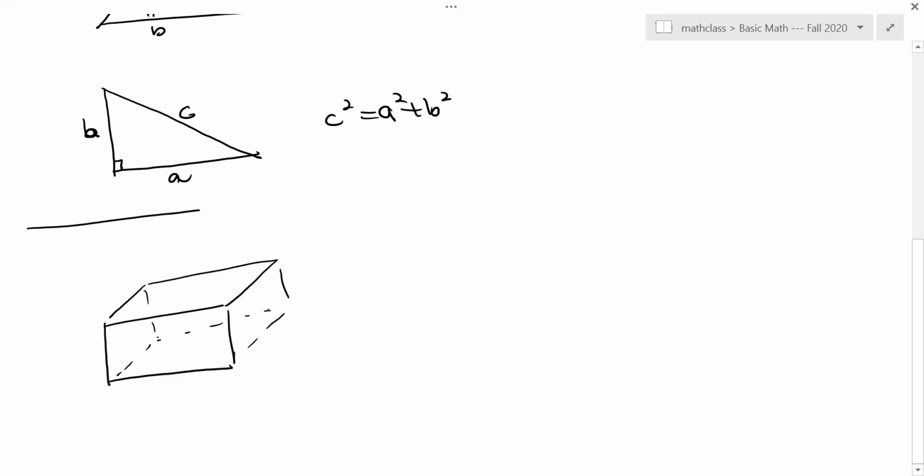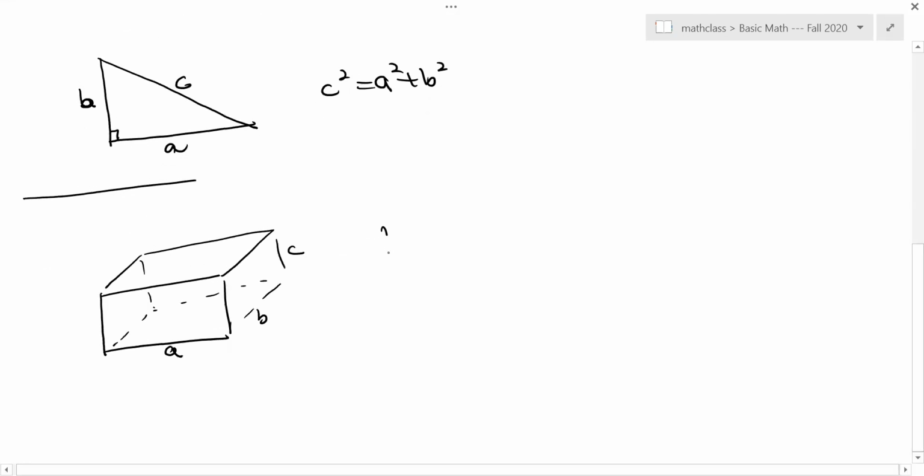See, it looks like a 3D object now, it's a box. The dimensions are A, B and C. The height is C, the length is A, the width is B. This is called a prism, in general we call it a rectangular box.